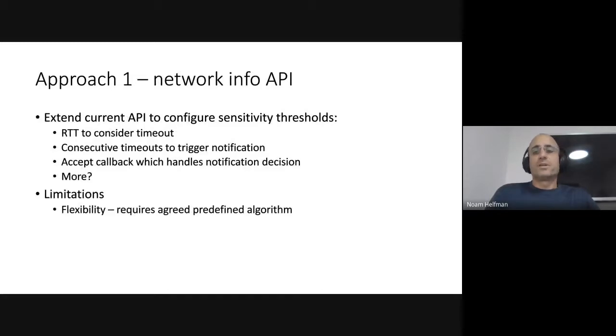The network information API, as I mentioned earlier, is not configurable, especially not the sensitivity of when it will notify that we have a connection up or down.